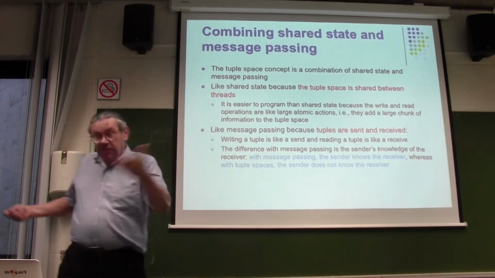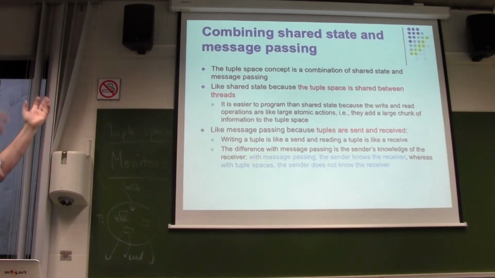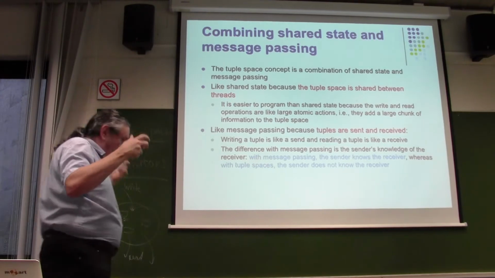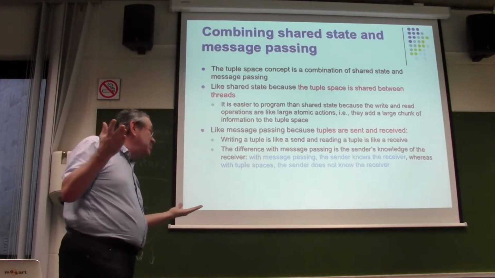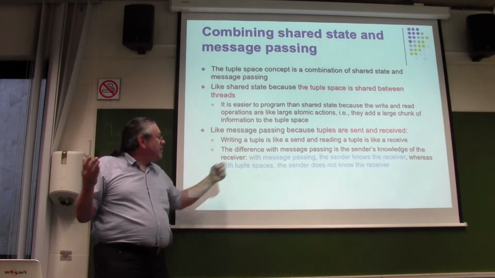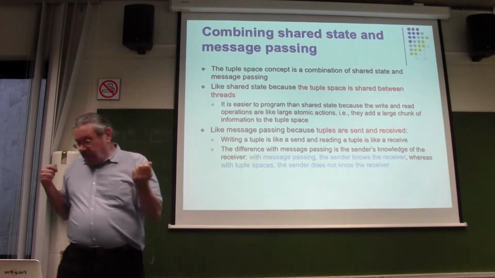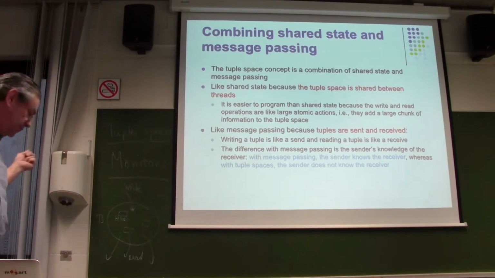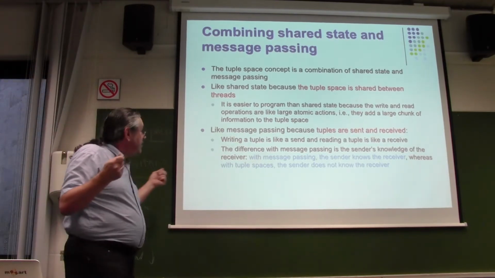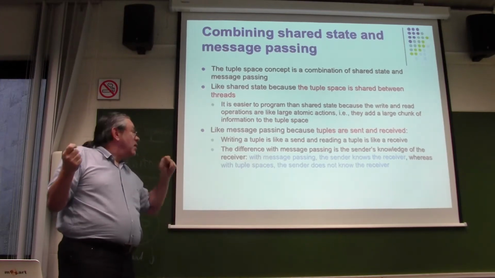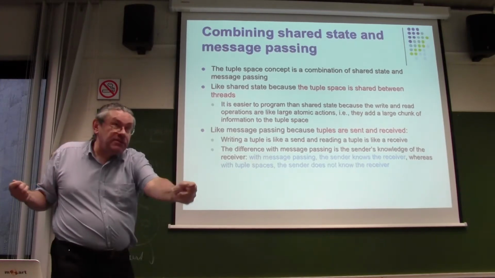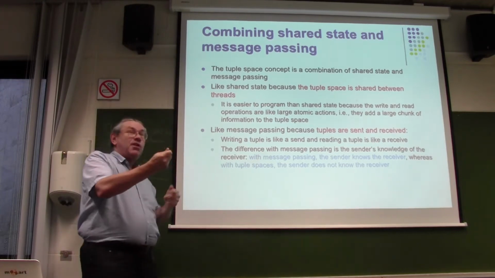The threads can be senders and receivers. So there's actually many senders and receivers. Also the receiver does not know the sender, but that's like regular message passing. In regular message passing, the sender knows the receiver, but the receiver does not know who sent.